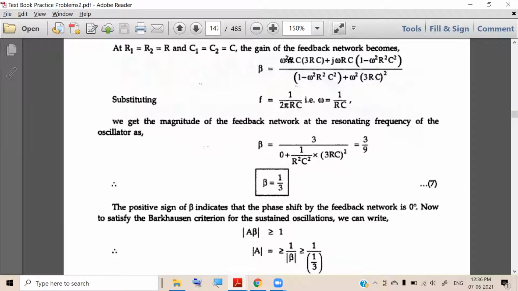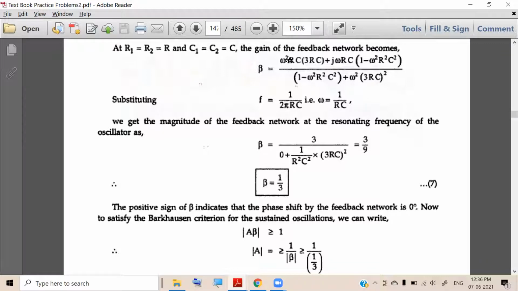So beta is already 1 by 3. A beta slightly greater than 1, or in general, it is mentioned mod A beta greater than or equal to 1. So the condition should be mod A greater than or equal to 3. The gain of the amplifier block should provide a gain of 3 or slightly greater than 3.